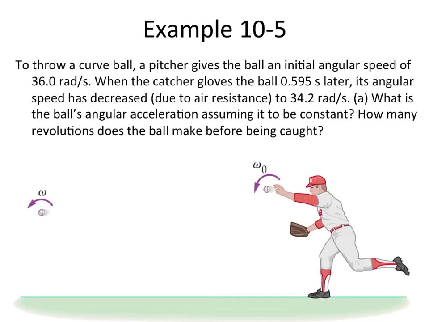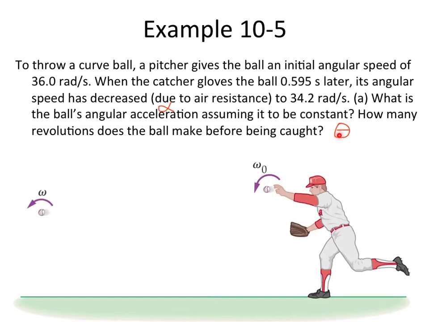Part A asks us for the angular acceleration, so we're solving for angular acceleration here. And part B, well, it doesn't say part B, but it says how many revolutions does the ball make. That is a certain angular displacement, or theta. So that's our alpha right there, and this is our theta, and we have equations that solve for that.